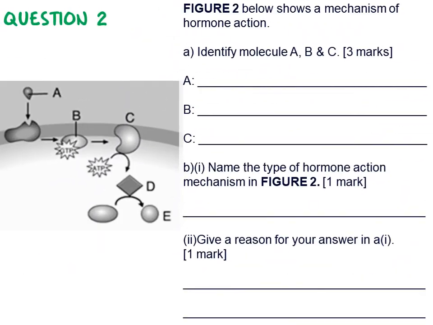Question 2. Figure 2 shows a mechanism of hormone action. Analyze the figure. Figure ada structure level A, B, C, D, E, and can be seen here GTP, ATP, something converts into E. So what is A, B, and C actually?